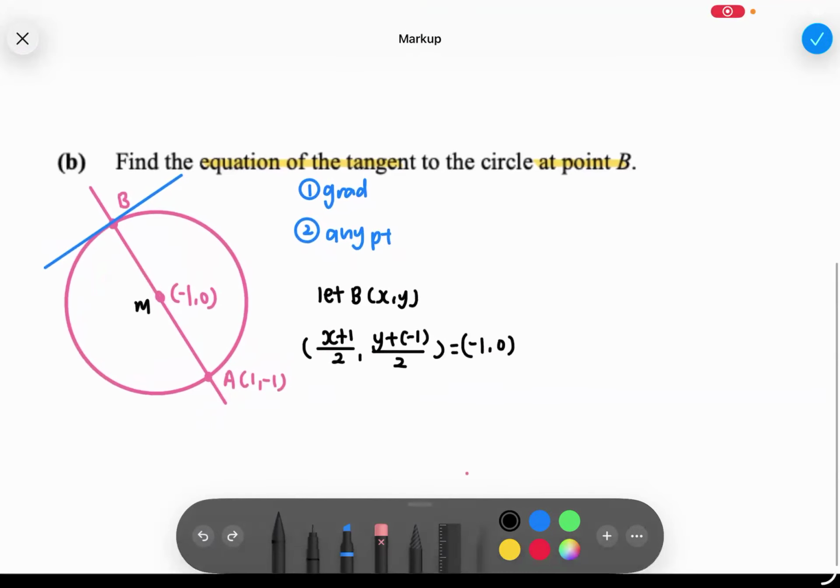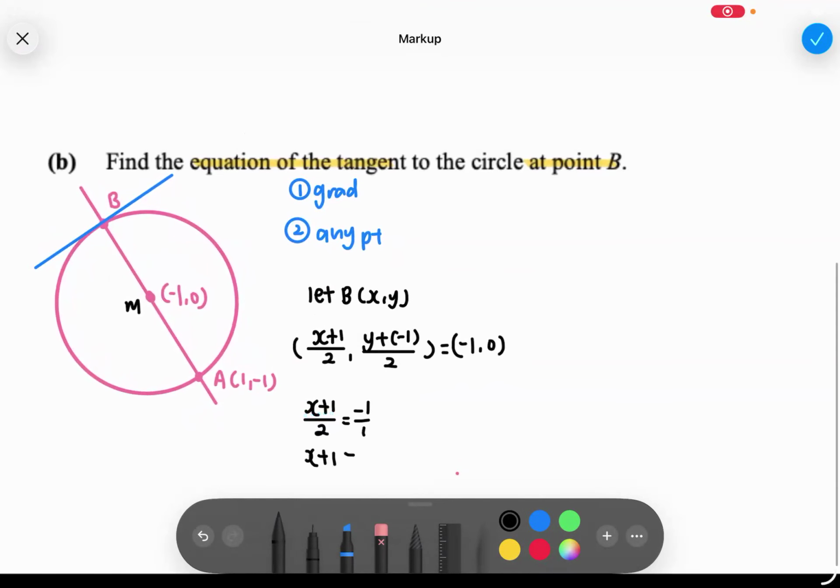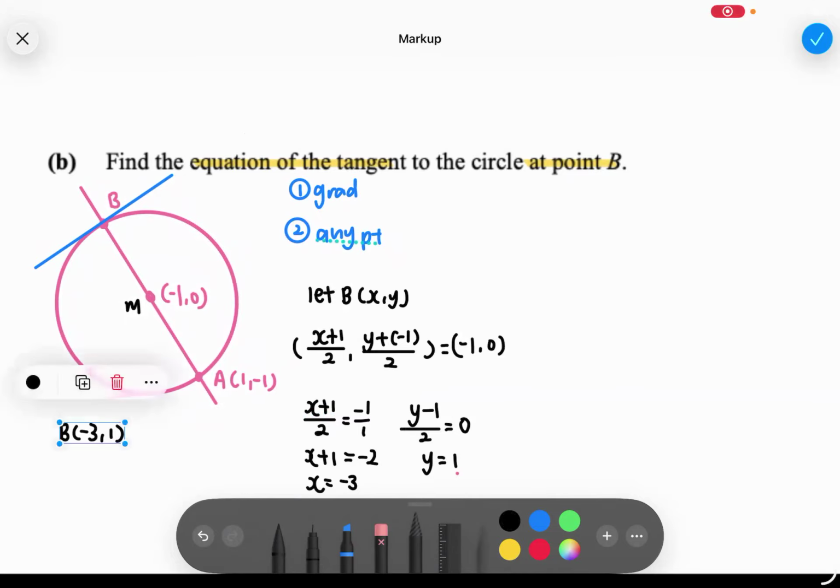Solve them one by one. x plus 1 divided by 2 equals minus 1, so x plus 1 equals minus 2, so x is minus 3. Do the same for y: y minus 1 divided by 2 equals 0, so y equals 1. So our B coordinate is minus 3 and 1. Can understand, right?